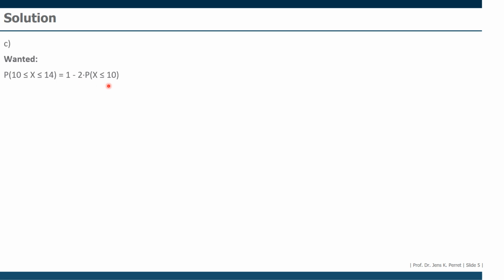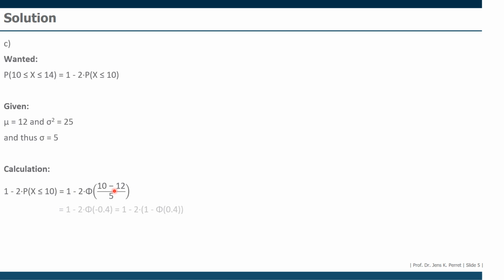In the end, it's exactly the same. Here we use the same information as before, mean of 12, standard deviation of 5. We subtract from the 10 the mean and divide by the standard deviation for standardization, giving us a value of minus 0.4.